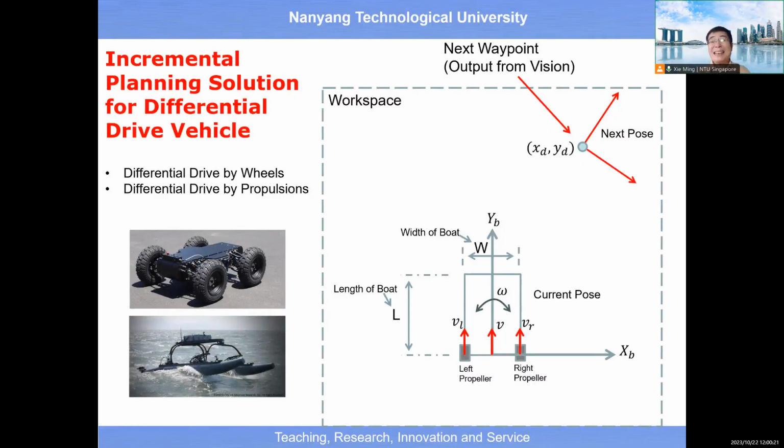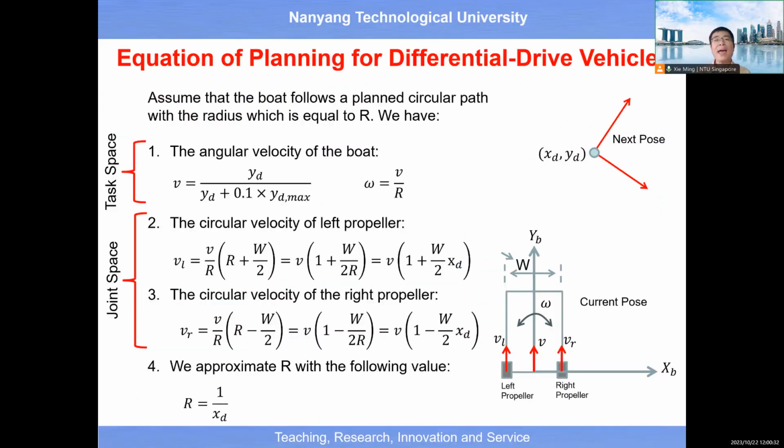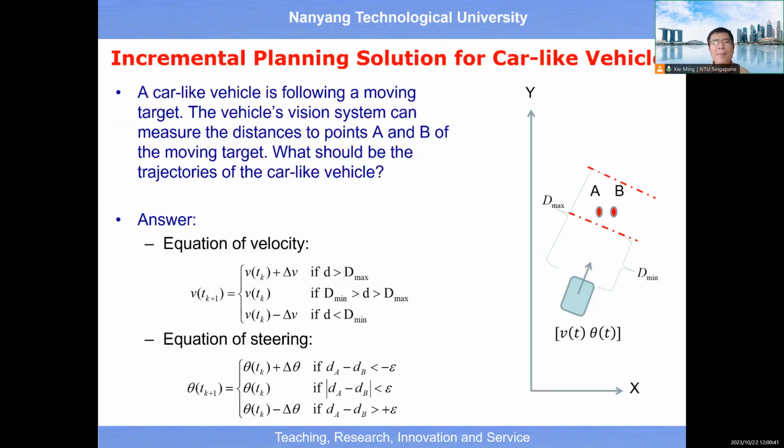In this case, the output from the planning module should be the linear velocity and the angular velocity of the vehicle. This slide shows you one solution developed by us, and for car-like vehicles, this is also a solution developed by us.